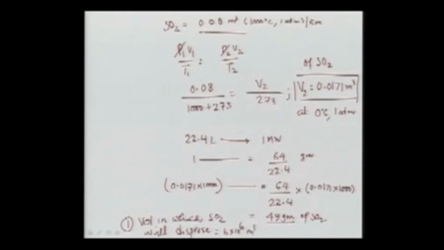Okay, and the second thing we did was find the mass of SO2 that got emitted, and that we found out as 49 grams. Okay, so you have the mass of SO2 and you have the volume in which it dispersed.